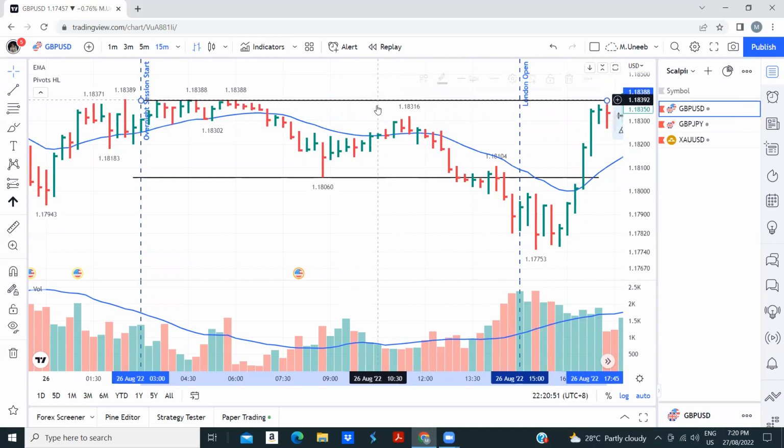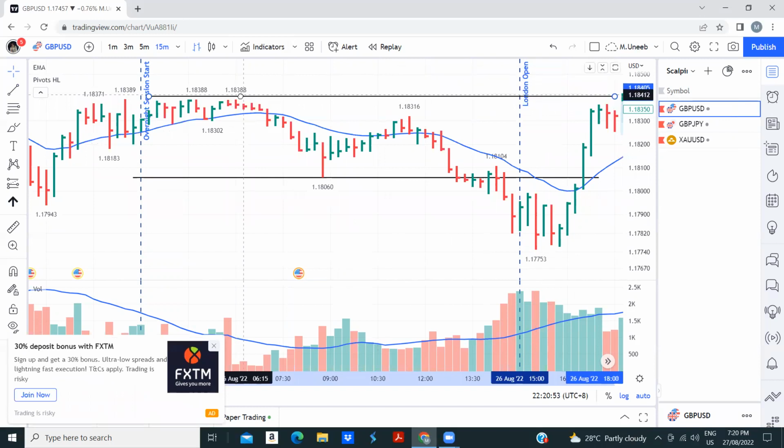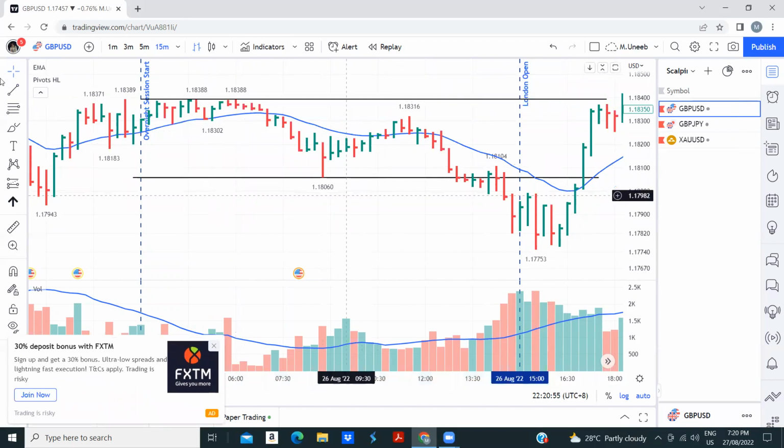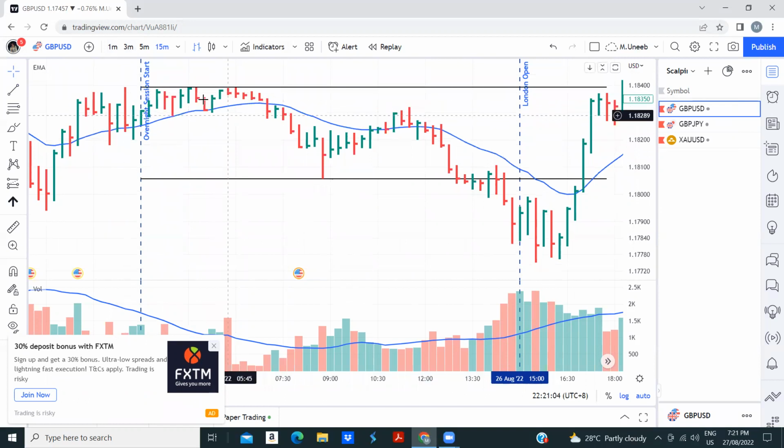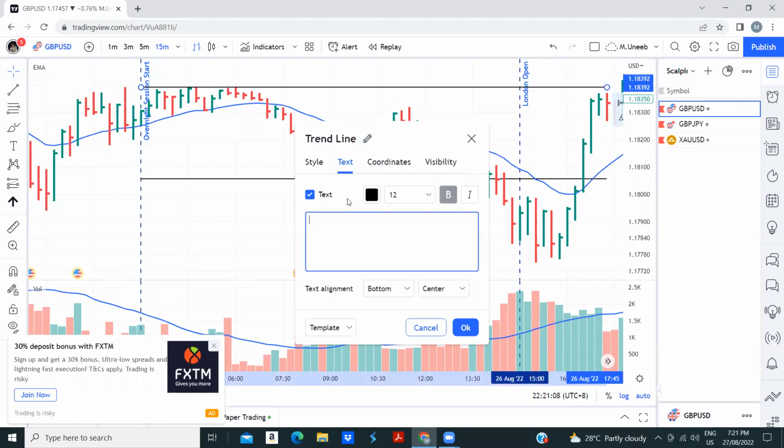A little bit higher. Now just remove this. All right. Now this is the overnight high.